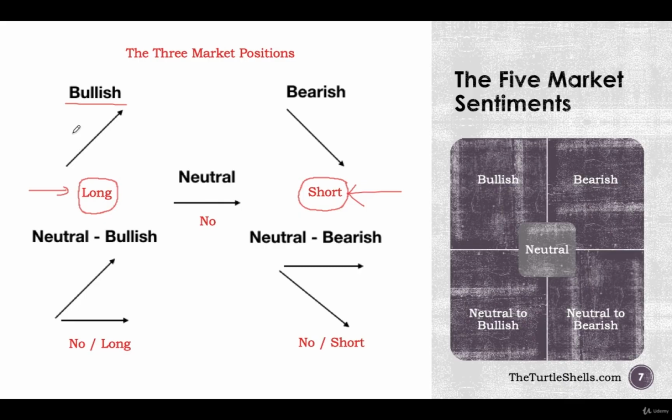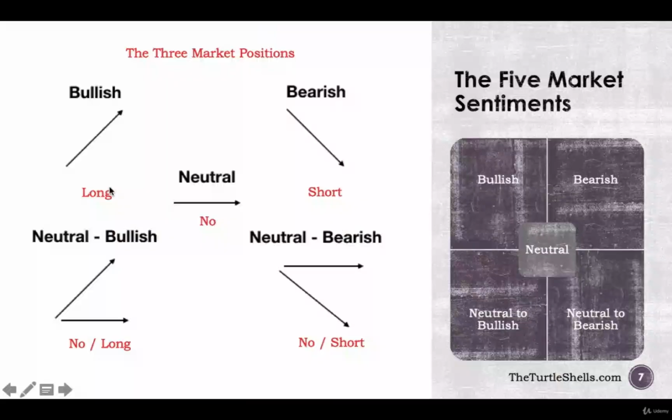If you're bullish, you take a long position and you make money if the prices go up. The opposite is also true: if you've taken a long position and the market goes down, you will lose money. If you have taken a short position and the market goes up, you will lose money. Okay? So there is a long position and there is a short position.